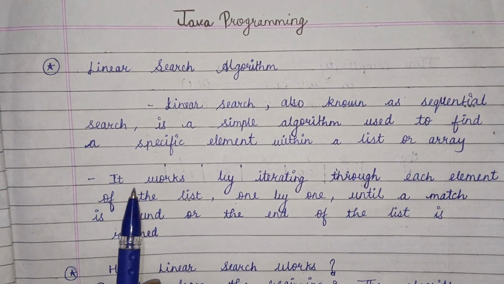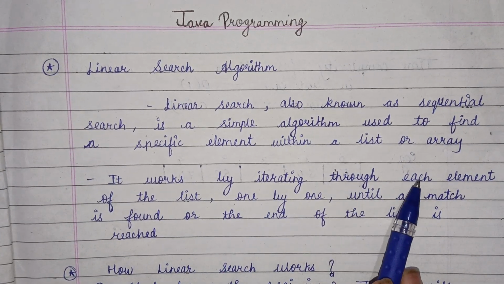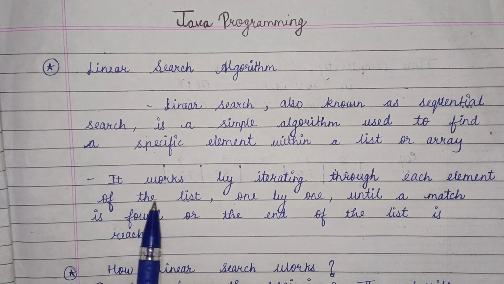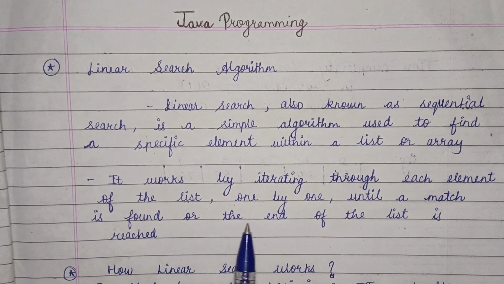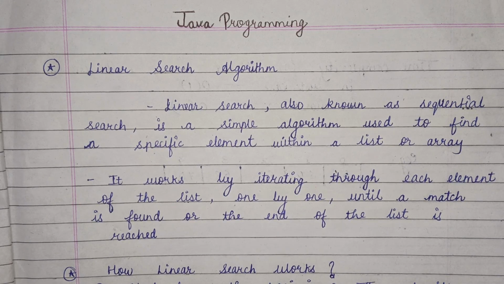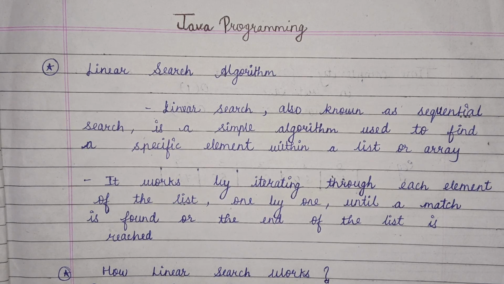So next point, it works by iterating through each element of the list one by one until a match is found or the end of the list is reached. So what it does, it goes to each and every element. Suppose we have to find the element 40 and we have n number of elements in the array.